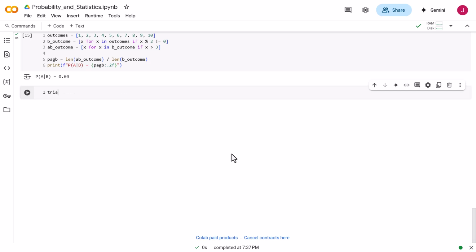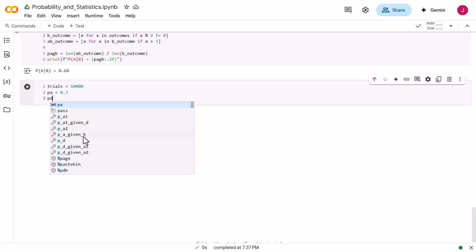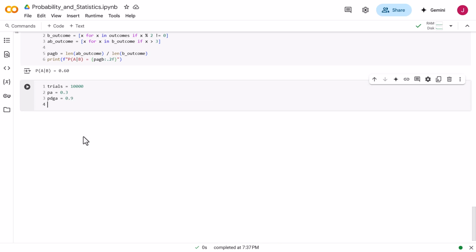So I can say trials is equal to like 10,000. Probability of A is equal to 0.3, which means the probability of rain, and probability of D given A is 0.9, which means clouds given rain, right?